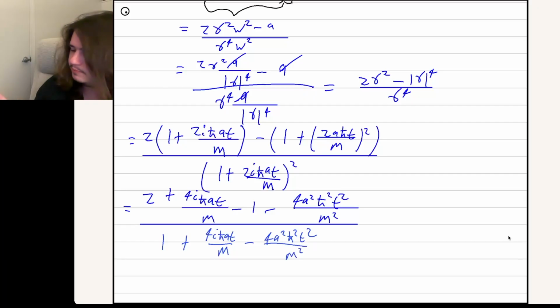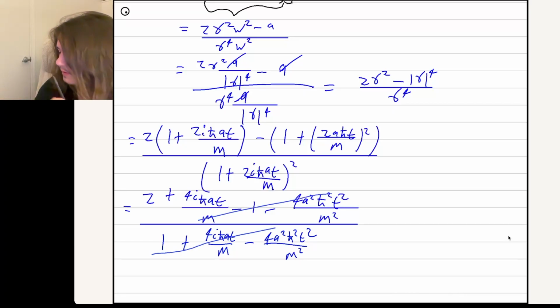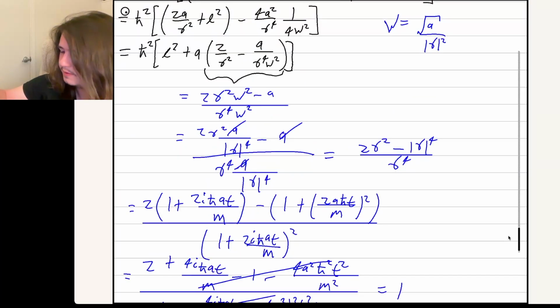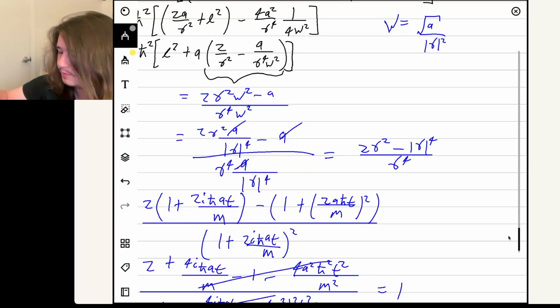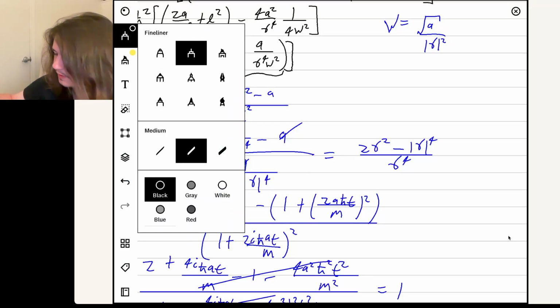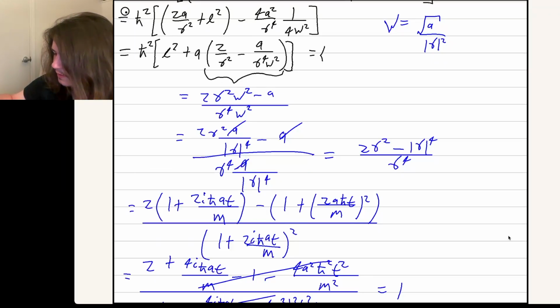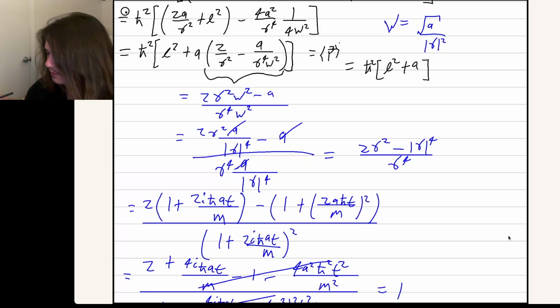So 2 minus 1 is 1. So the top and the bottom are the same, so they cancel out. Equals 1. Which means that the expectation value of momentum squared just ends up being h bar squared times L squared plus A. Very cool.